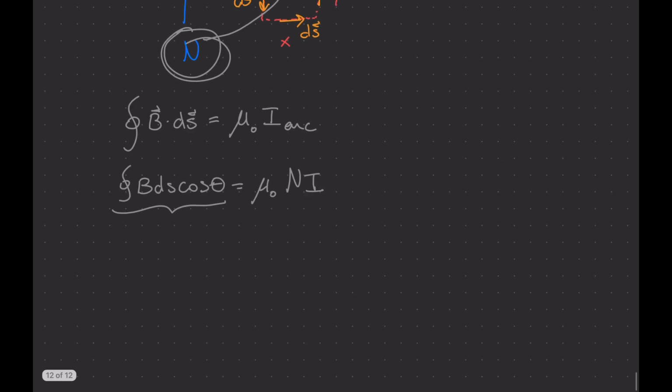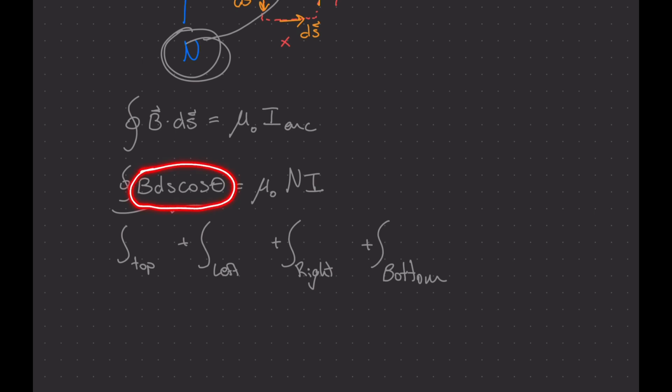So what I'm going to do is expand this integral in terms of the top, the left side, the right side, and the bottom of that square loop. And I can just add all of these integrals together. And inside these integrals, I have the same thing here, B dot ds.